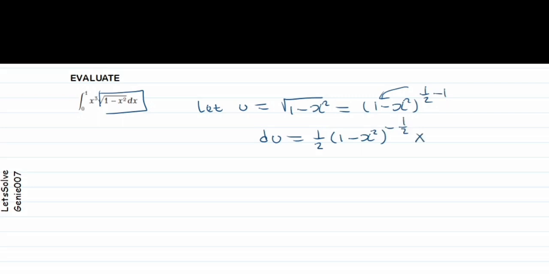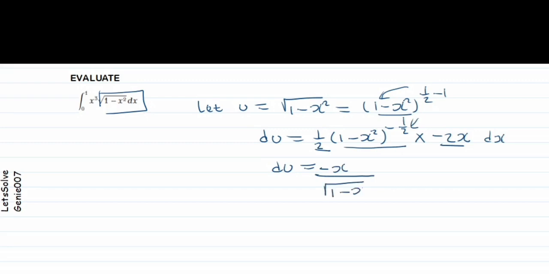Then we multiply this by the differentiation of the inside function, negative 2x, dx. Simplifying this, we have du equal to half multiplied by negative 2x, we get negative x. Then this whole part, since it has a negative power, we can take it to the denominator, over the square root of 1 minus x squared dx.